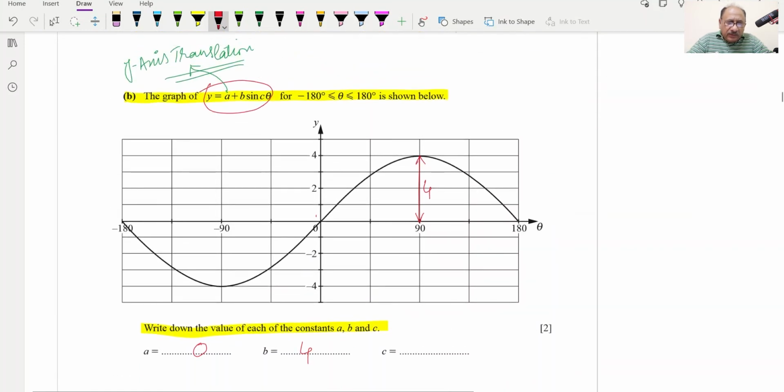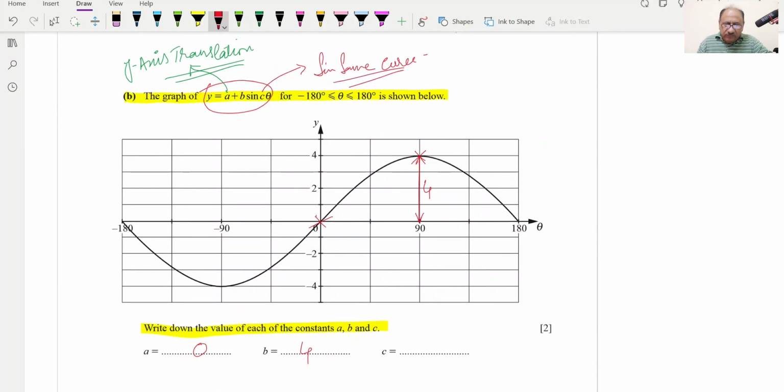And next, the c value. For sine 0 we have 0, for sine 90 we have 1, but because of this b value 4, we are getting 4. The sine graph is the same curve, so it is the same curve as sine, no change.